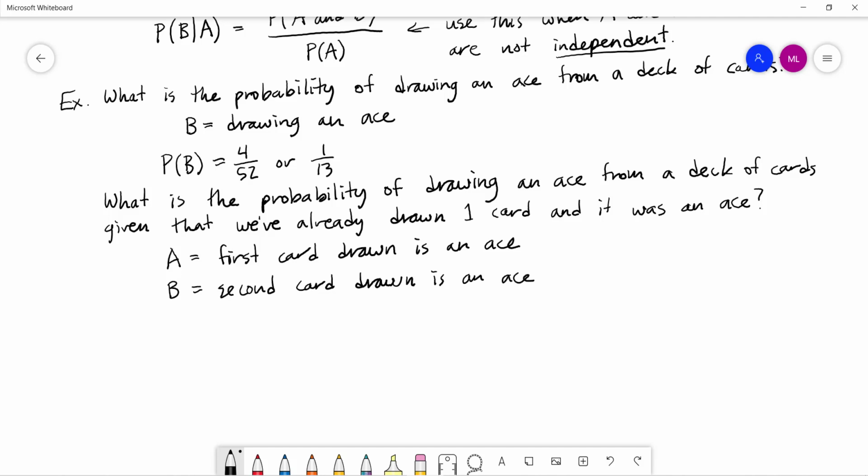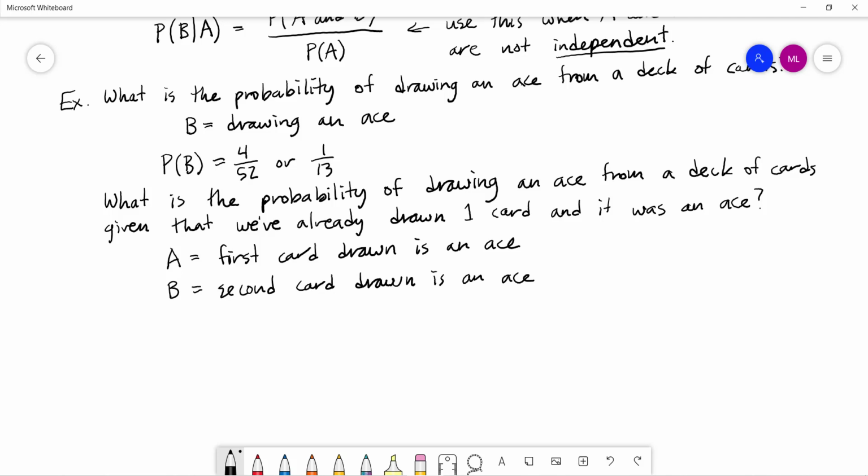Well, are these two events independent of one another? The answer in this case is no, because drawing an ace on that first card changes the odds of drawing a second ace. If we were to replace that card back into the deck and have 52 cards again with 4 aces, then they would be independent. But that's not the way we normally do it. When we draw the first card, there are 4 aces out of 52 total cards.